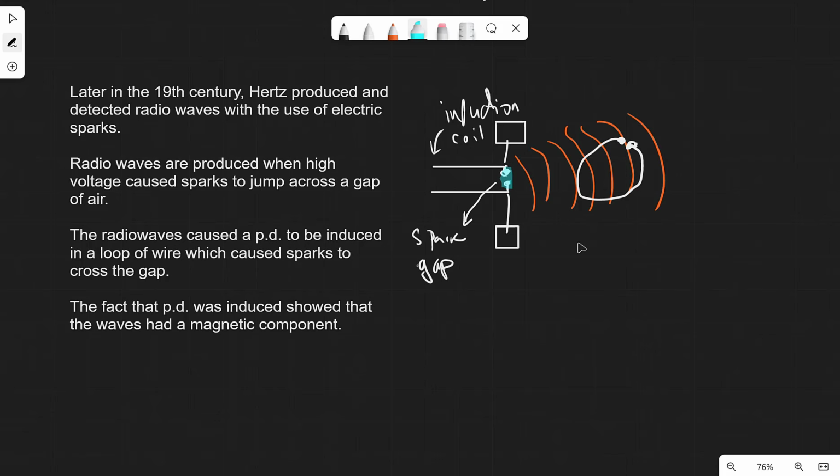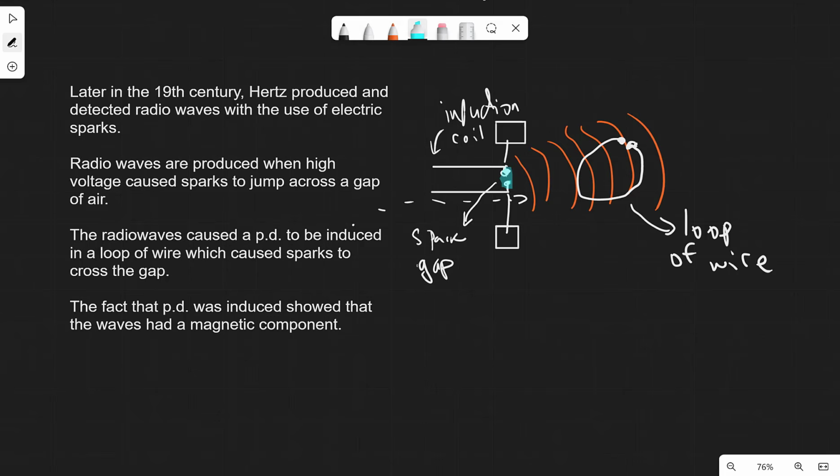Now, what he discovered was that this spark caused radio waves to be emitted from it. And as the radio waves were being emitted, even more interestingly, they induced a PD in a loop of wire which was right next to it.